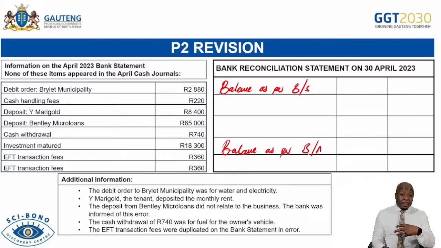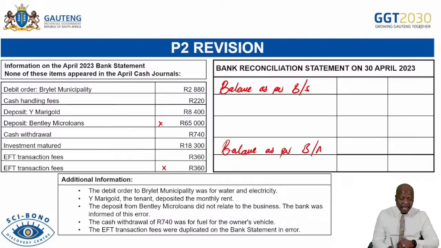If you start with balances per bank account and end with balances per bank statement, stick to that. If you are doing the two column, stick to what your teacher has taught you. If you use the single column, you also do that. But for this lesson, I'm going to use the balance as per bank statement at the top, and at the bottom, balance as per bank account. And I'm going to use the double column.